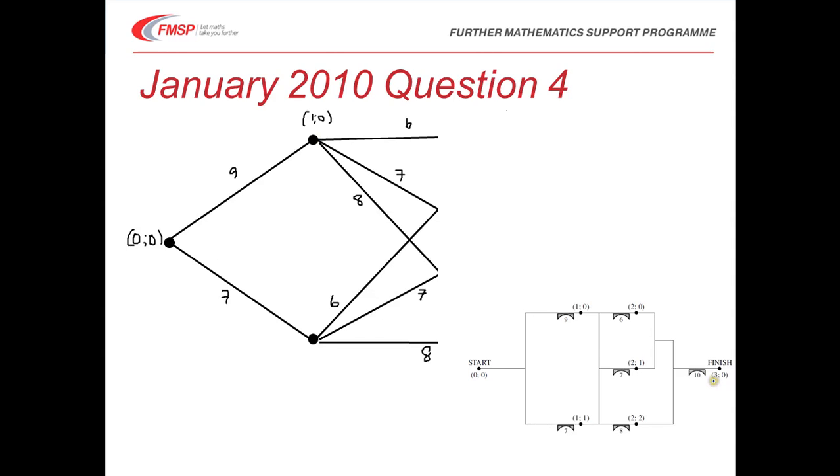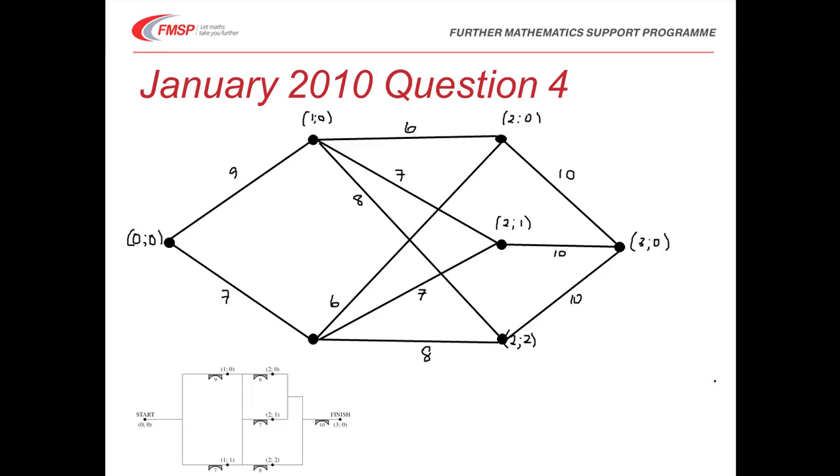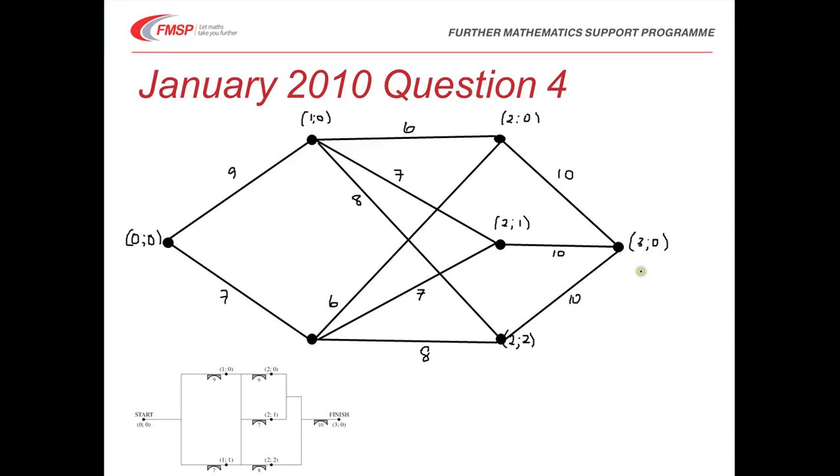So for example here at the finish the stage variable is 3 because the maximum number of actions we need to get back to the start is 3. So we'll complete our network here. So this is a completed network, just including this last stage.